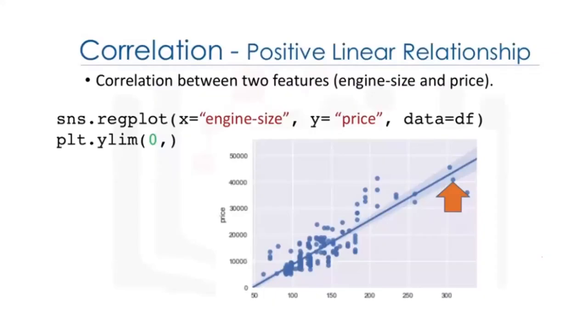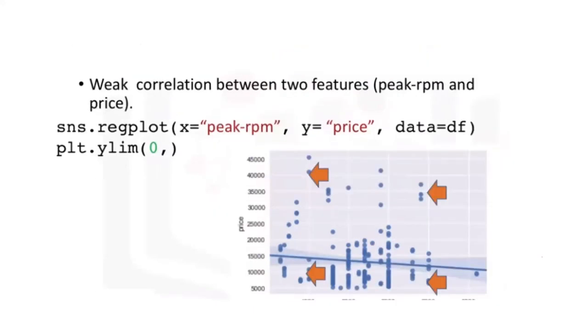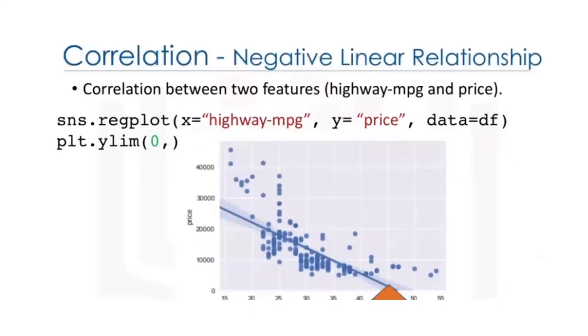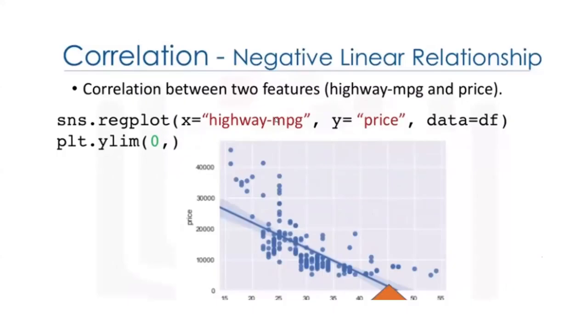You can do a correlation plot to find whether data has a positive correlation, a negative correlation, or no correlation at all. If you see engine size and price, as the engine size increases, price increases. But highway mileage, as the mileage decreases, the price increases, a negative correlation, because a high price might mean a sports car.